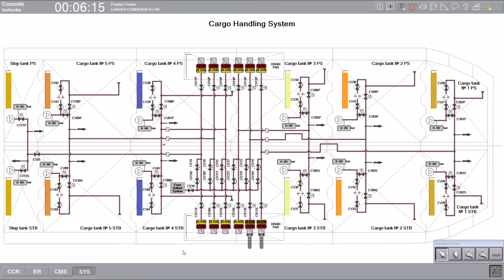So we have lined it up and manifold connection completed. Discharge will go on that way.